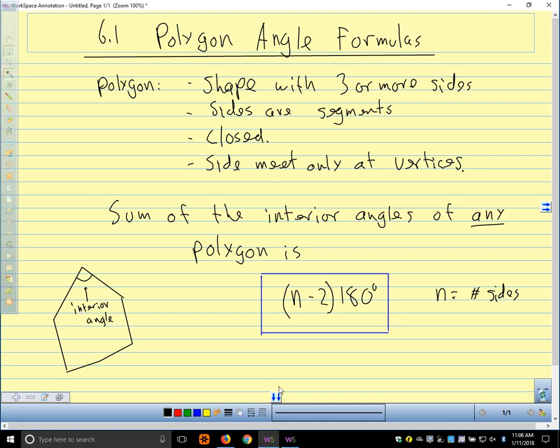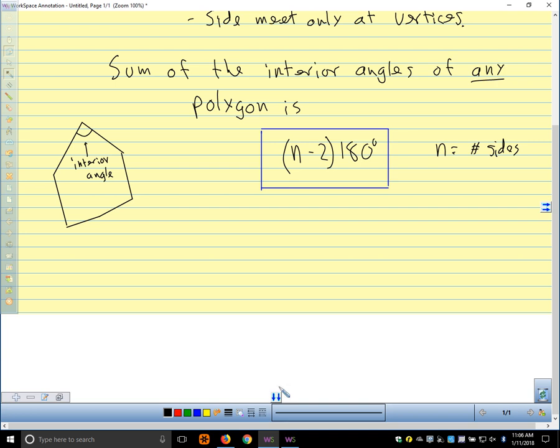All right, so then we went further with our activity, and we decided that we could find the measure of one interior angle of a regular polygon.